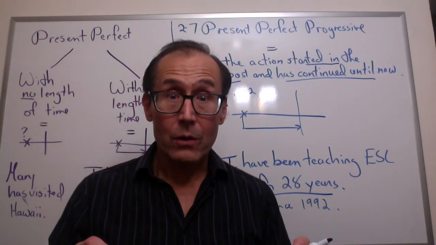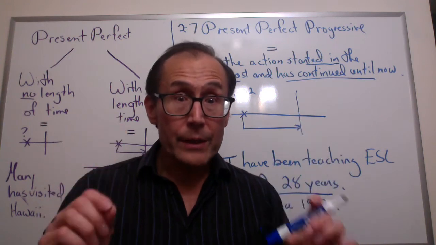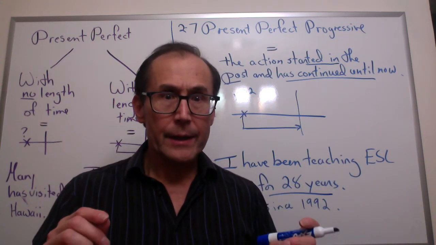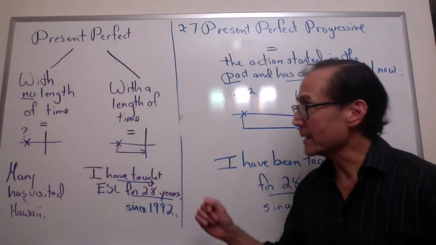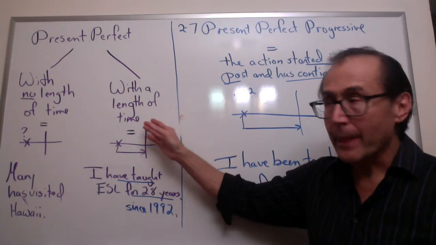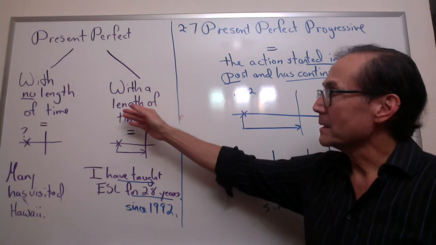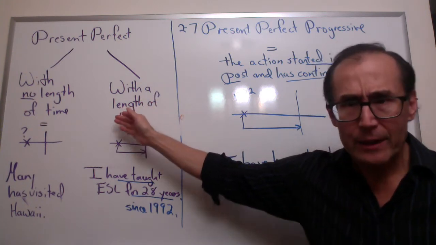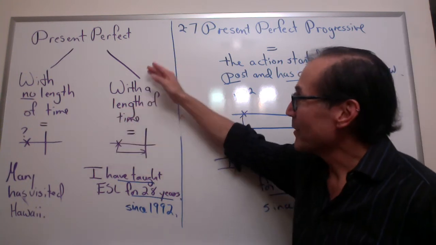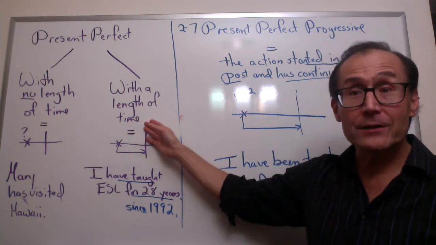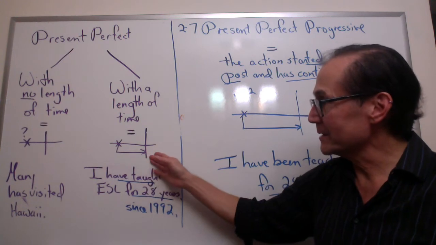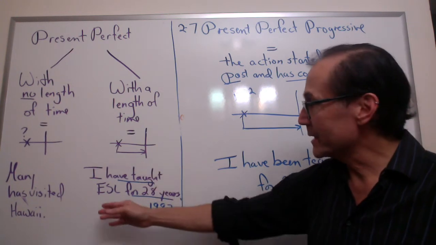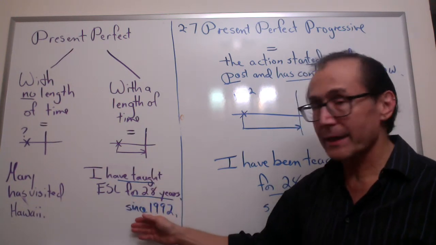Now, there may be a question forming in your mind. You may be thinking, wait a minute. You said, Mr. Uchiyama, when I use present perfect with a length of time, it means the action started in the past and continues until now. And you said, I have taught ESL for 28 years.